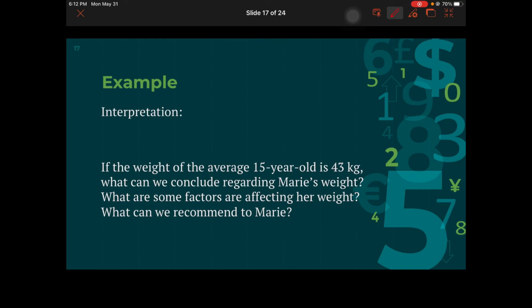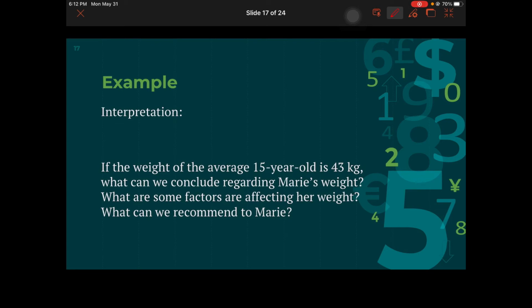So, maraming mga factors na pwedeng maka-affect sa kanyang weight. Pwede namang may sakit siya. Malay natin, meron siyang PCOS or meron siyang hormonal imbalance. That's why her weight is higher than the average 15-year-old. Pwede rin naman na mas dense yung bones niya. That's why she's heavier. So, there's a lot of factors that are involved.